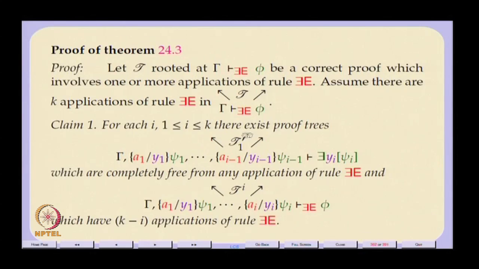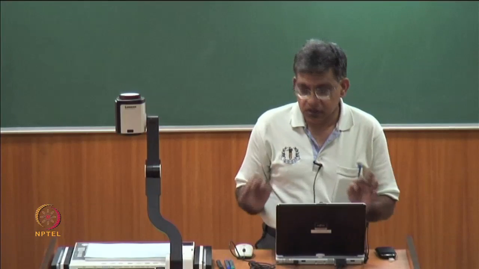For each i there exist proof trees Ti prime, this should be Ti prime, okay, gamma with constants A1 to Ai minus 1 replacing y1 to yi minus 1 proves there exists yi psi i, and this proof tree does not have any application of there exists elimination, right.